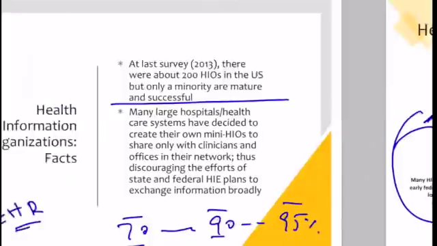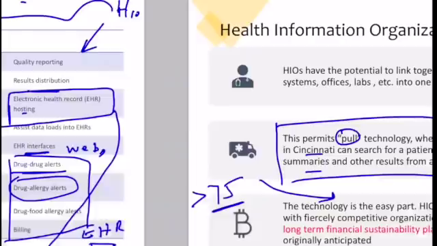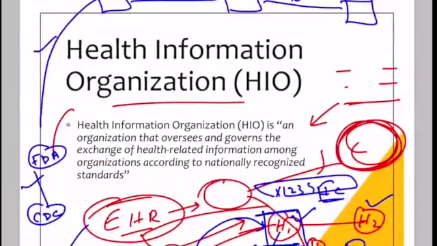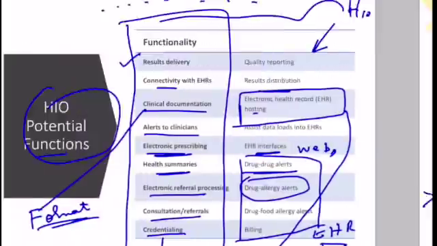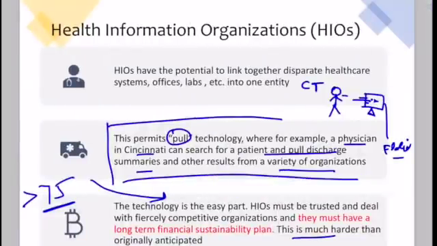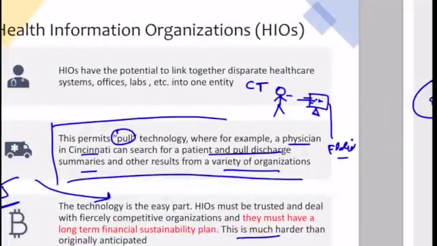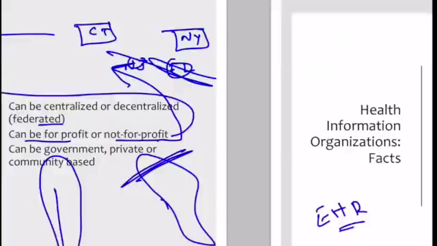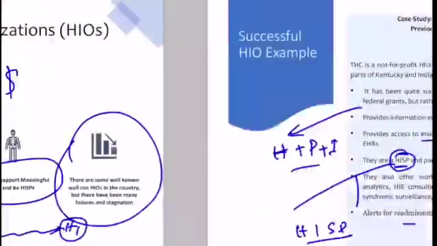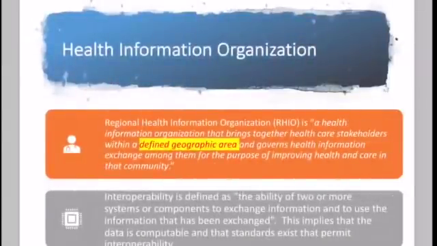Okay, so now we have looked at, starting from the HIU, what is HIU, roles of the HIU, and some major issues like sustainability, and one successful example. Now we are moving towards the types of the HIUs. What are the types of the HIUs?